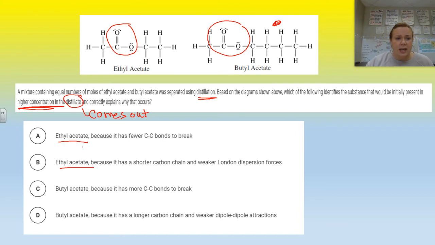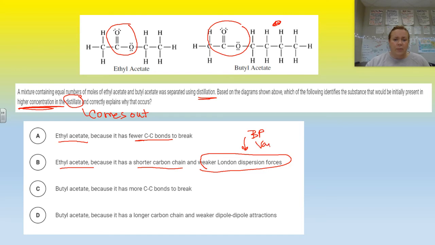So we've narrowed it down to ethyl acetate because, again, the carbon chains are very different. So then we have to look: is ethyl acetate the answer because it has fewer carbon-carbon bonds to break, or because it has a shorter carbon chain and weaker London dispersion forces? We want to include this because we're talking about boiling point and vapor pressure.